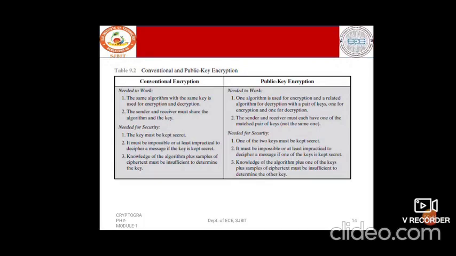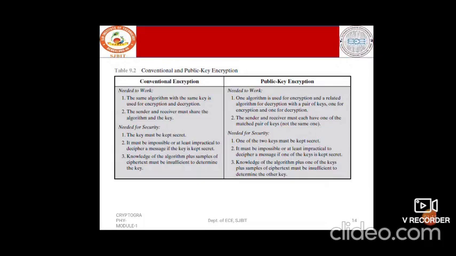Whereas in case of public key encryption, one algorithm is used for encryption and a related algorithm for decryption, with a pair of keys, one for encryption and one for decryption. The sender and the receiver must each have one of the matched pair of keys, but not the same one.